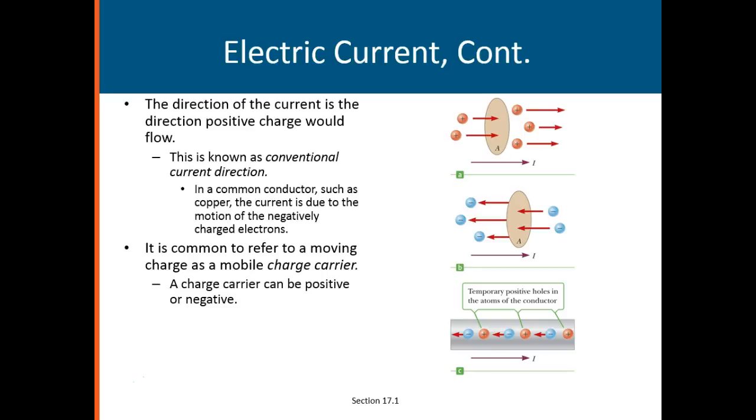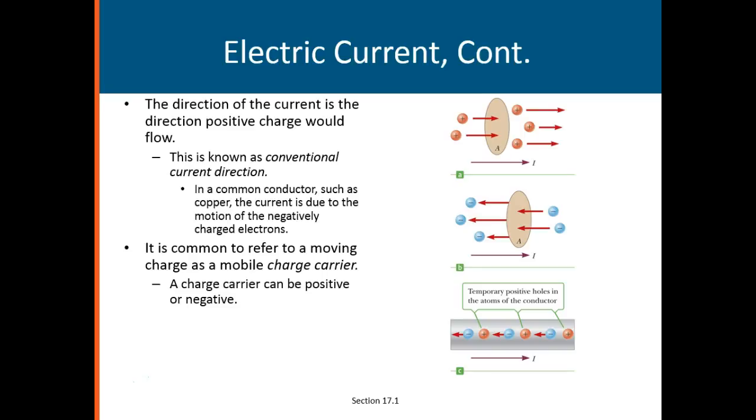In common conductors, such as copper, most of the things, the current is due to motion of negatively charged electrons. Now that's an overstatement itself too. So in reality, the charges are moving this way, but because they're negative charges, the current is still considered to be to the right, even though the electrons are moving to the left.